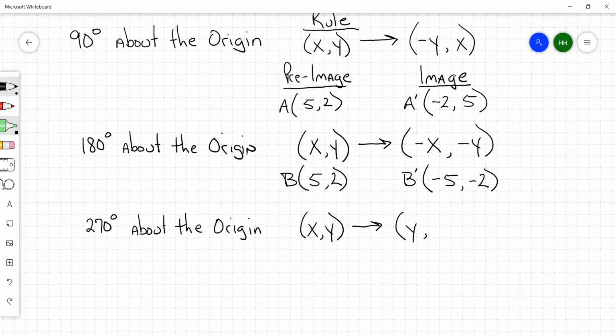Your new y will be the opposite of your original x. So if we had a pre-image of point C and it was at 5, 2, and we were going to rotate it 270 degrees about the origin, well then our C prime would be located at 2, -5.